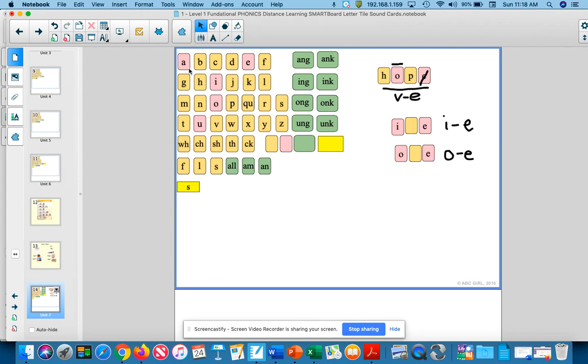We'll try one more. How about A? A, consonant, E makes the A sound. And if I'm writing it, I would write A, dash, consonant, E. So this is how to pull the letters on the tile board, and this is how to write the long vowel sounds.